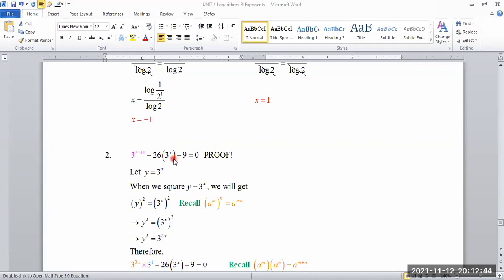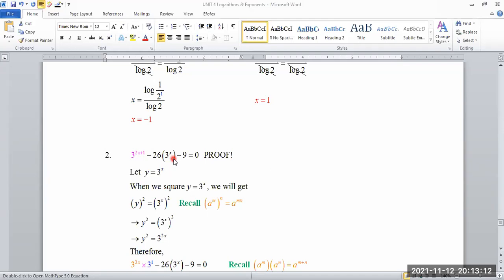And when we do that, we try to make the other part y squared. Yeah, because we're going to end up with a quadratic equation.